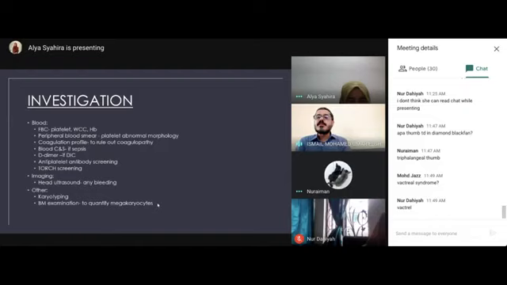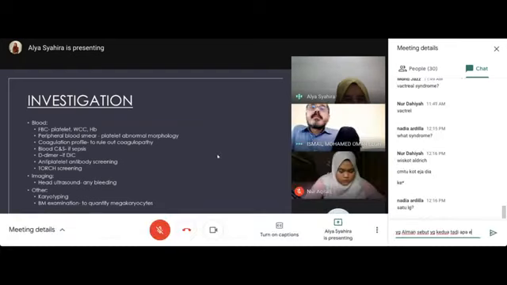And then TORCH screening because TORCH infection can cause thrombocytopenia. And then imaging, we can do a non-radiative method, which is head ultrasound, to see if there is any bleeding.